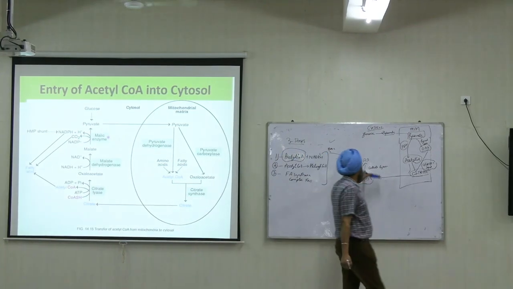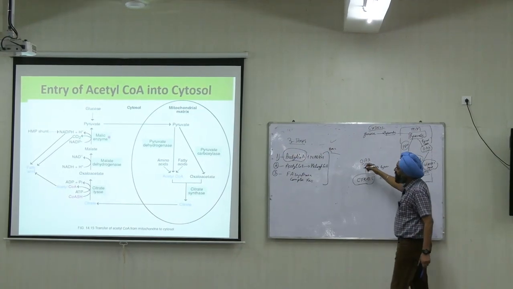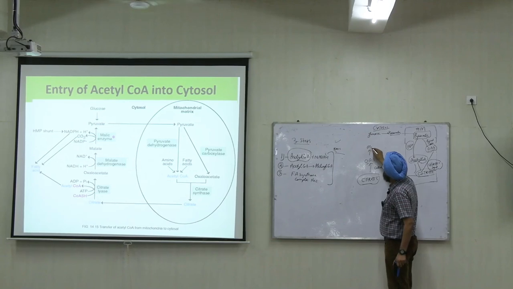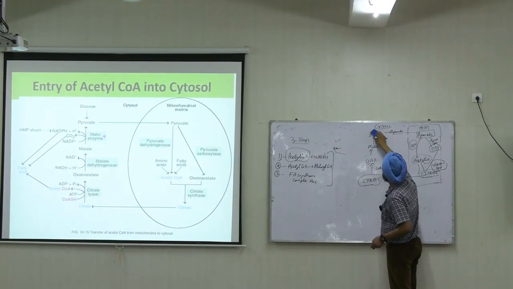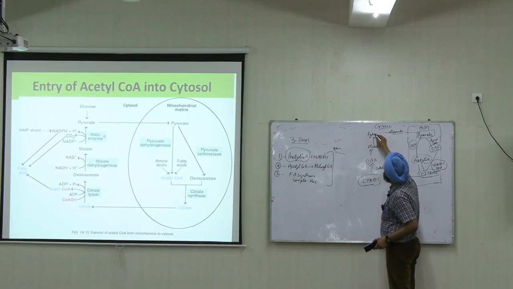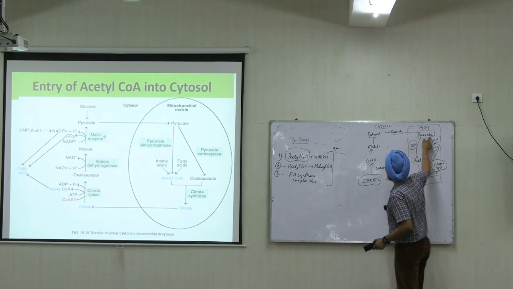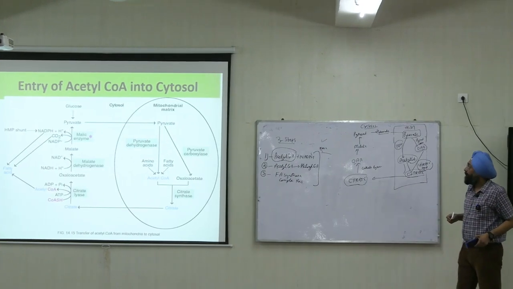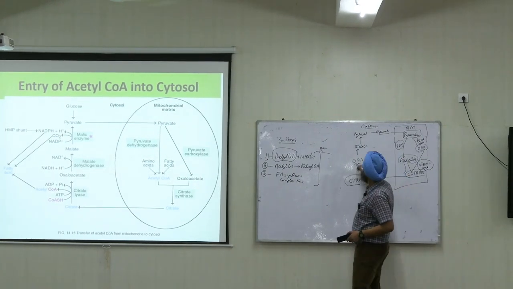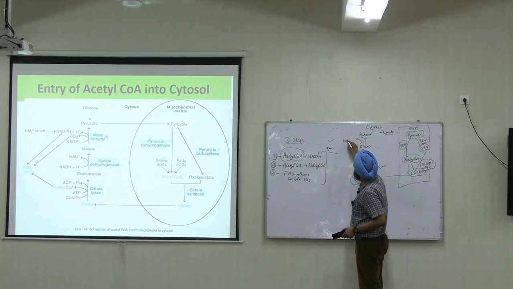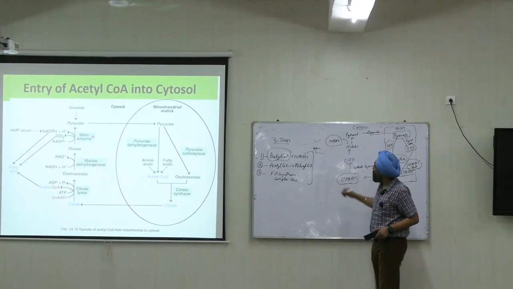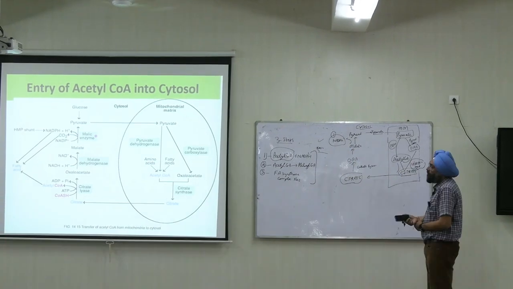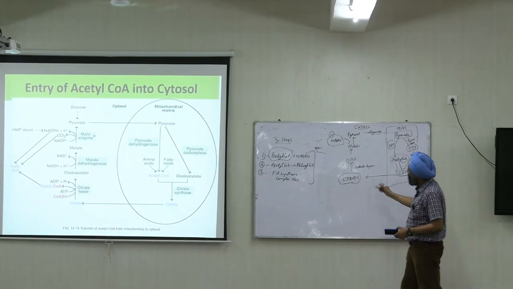Citrate is coming out, citrate is converted again back into oxaloacetate, then malate, and malate will finally form pyruvate, and pyruvate can again re-enter, right? And during this reaction NADPH is formed. Our first raw material NADPH, see it during this reaction.